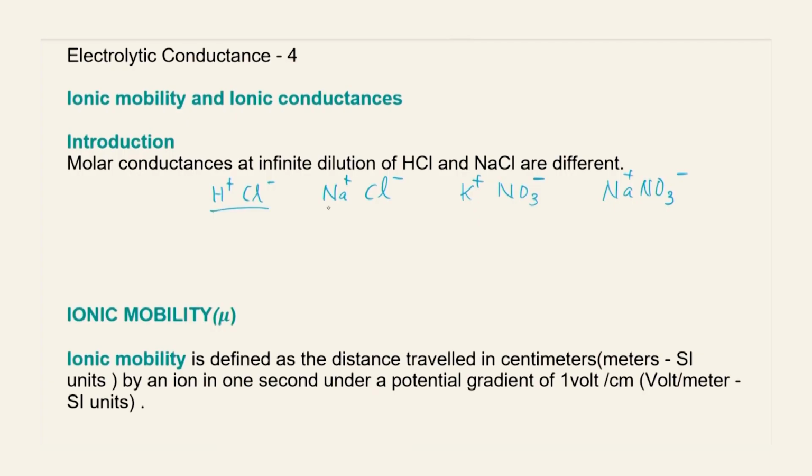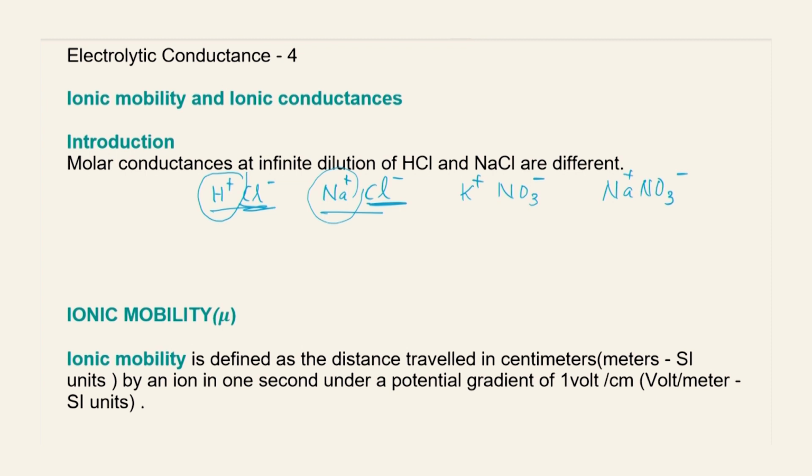For example, when I take HCl and NaCl, the chloride ions in both cases have the same value for molar conductance, while H+ and Na+ are different cations. Even though they have unit positive charges, their molar conductances differ. Why do they differ?